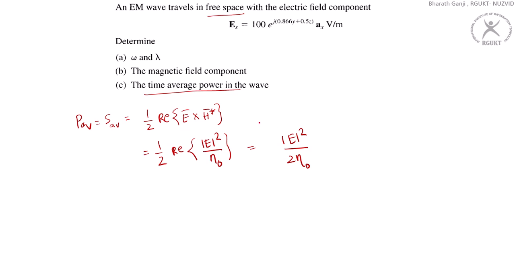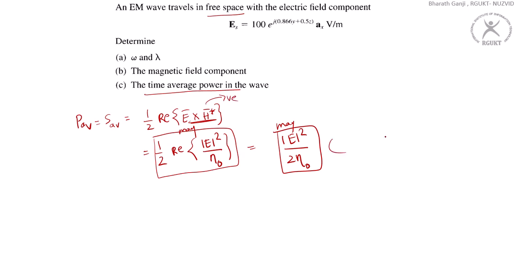Okay, so this is the magnitude part. What I have written here is the magnitude part, because E cross H gives you a vector. So I need to have some direction here. That direction is what you need to find. If you go this way, you will only get the magnitude of the time average power, but you don't get the direction of it.